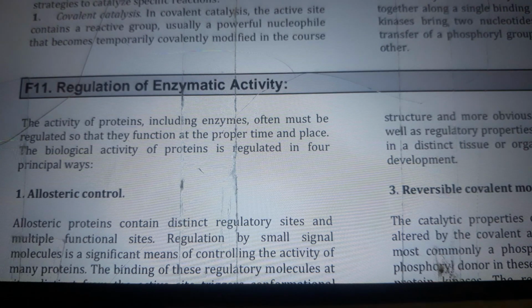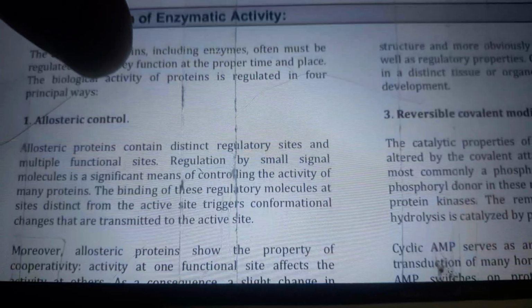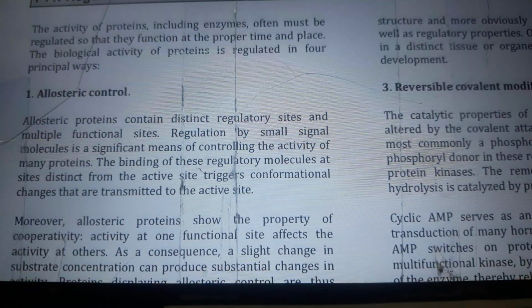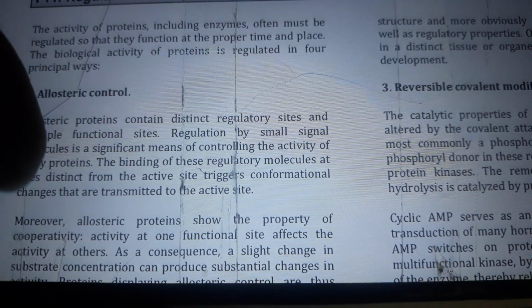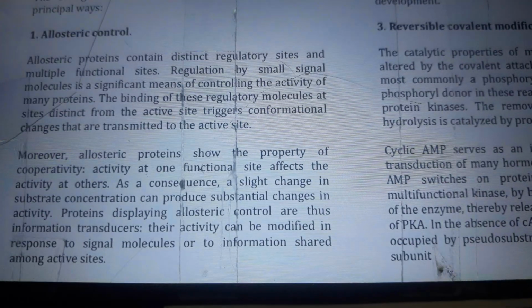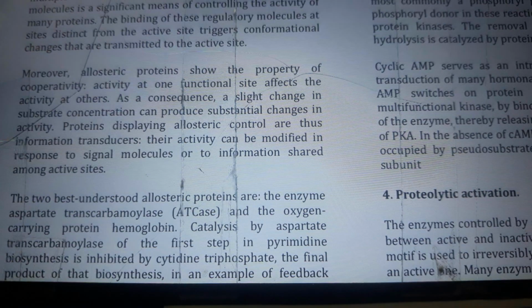The activity of proteins, including enzymes, often must be regulated so that they function at the proper time and place. The biological activity of proteins is regulated in four principal ways. One is allosteric control, where proteins contain distinct regulatory sites and multiple functional sites.